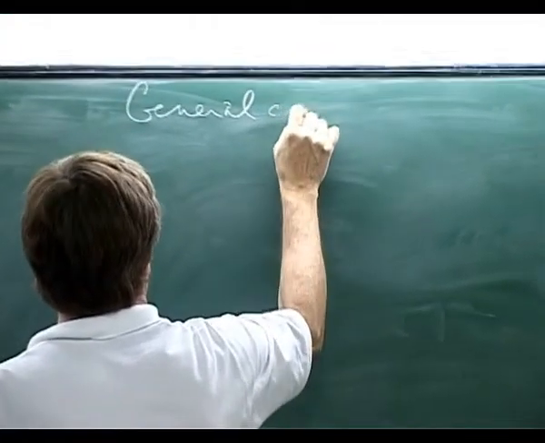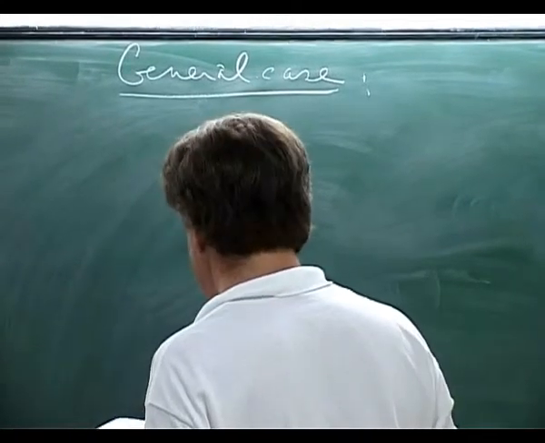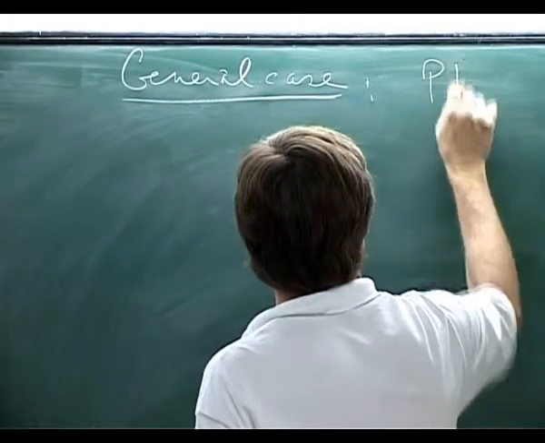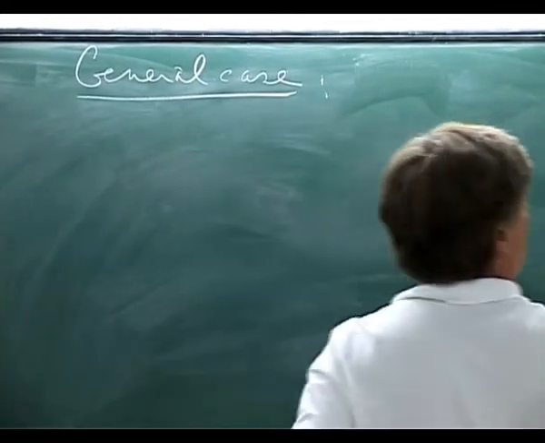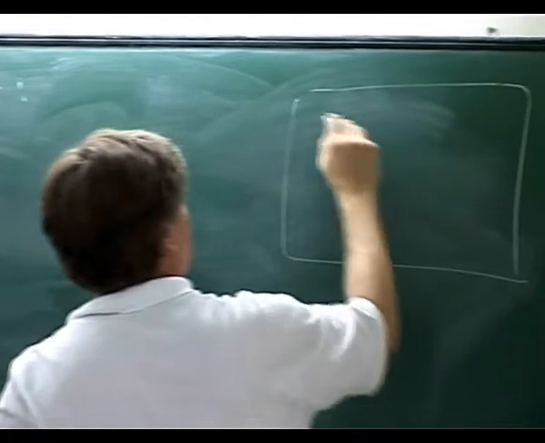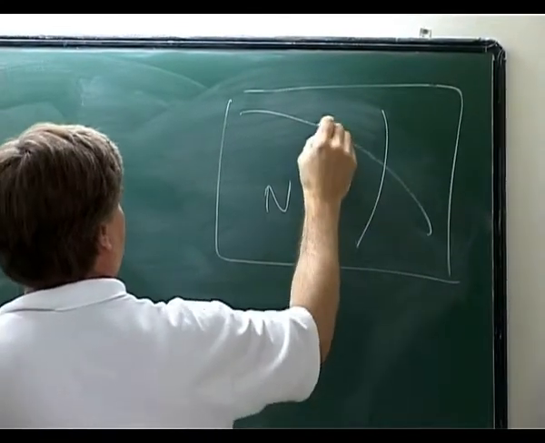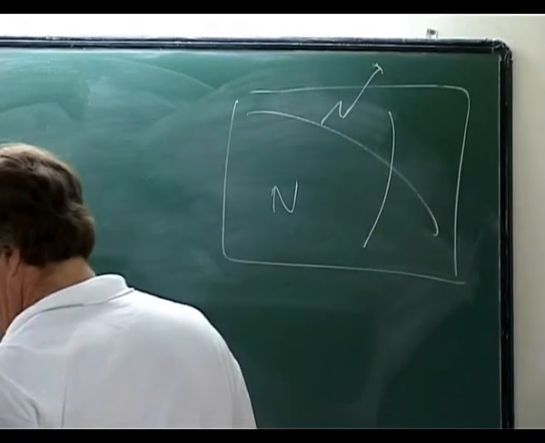So general case. Here, if you want X, what does X look like? Well, X is a box, but it has N here, and then it has divisors at infinity. So what number did I use?